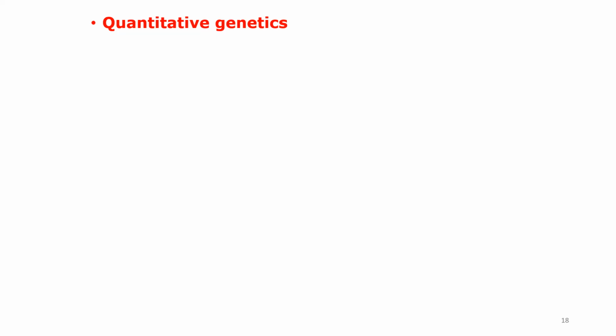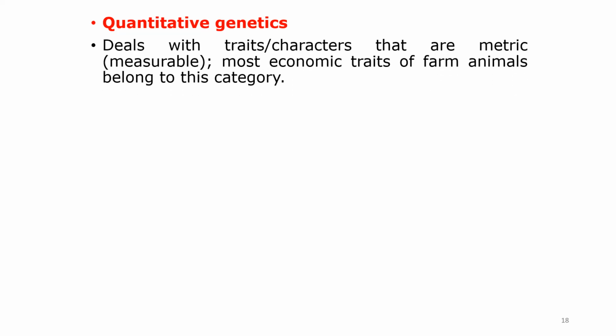So quantitative genetics is a direct opposite of qualitative genetics, and it deals basically with traits that are measurable. We refer to them as metric traits, and most of these traits that are measurable usually fall into the economic traits of farm animals.